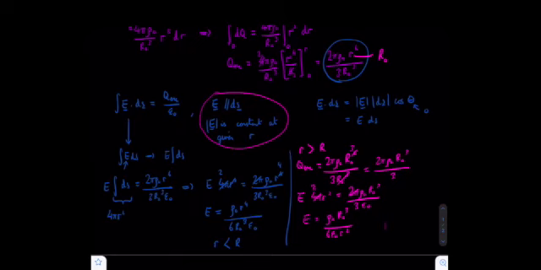Nice. And that's for r greater than big R. So that's how to do the question.